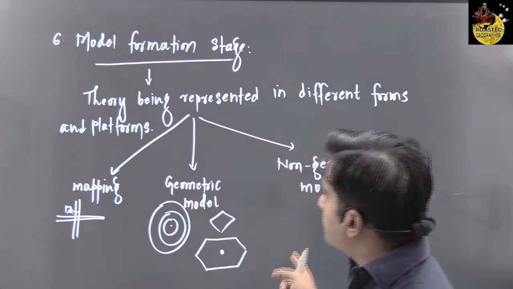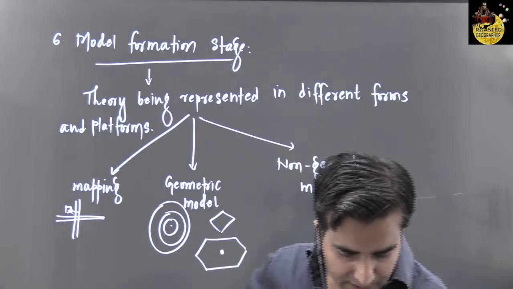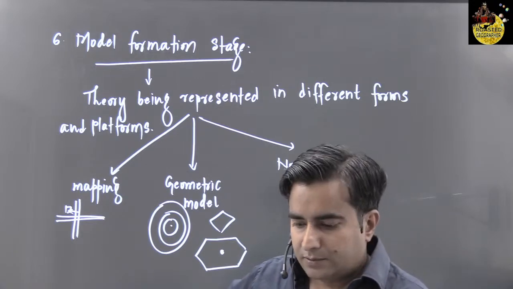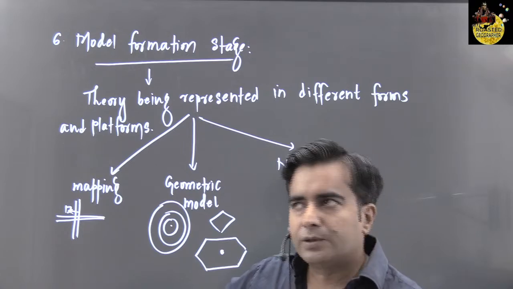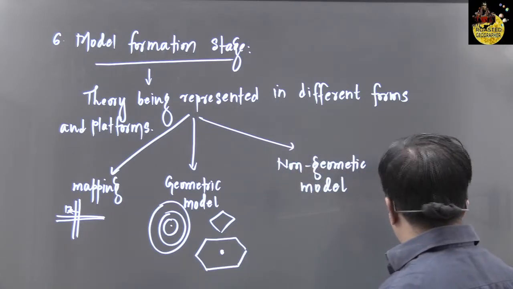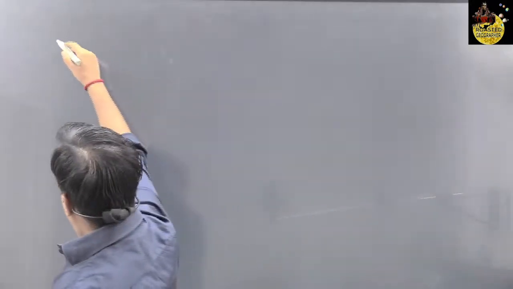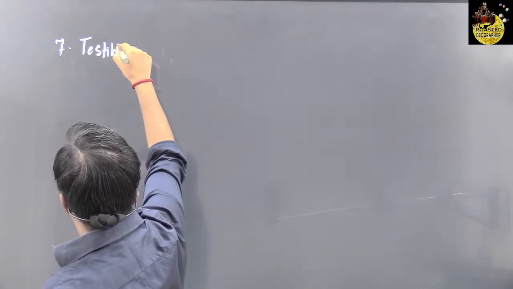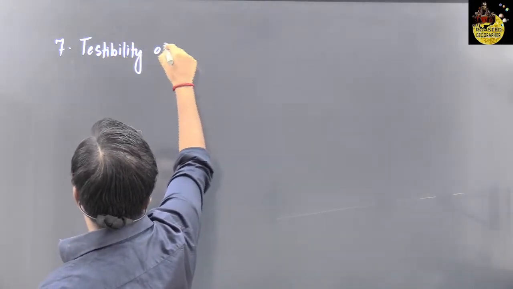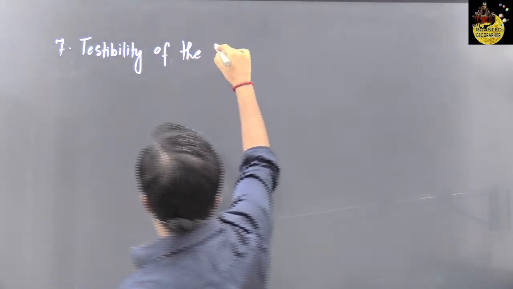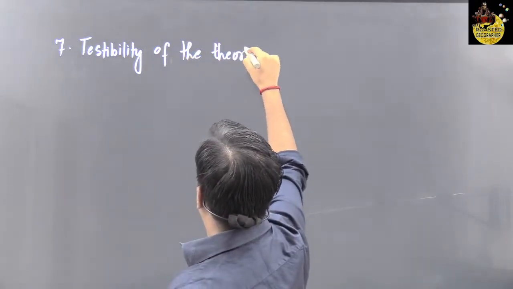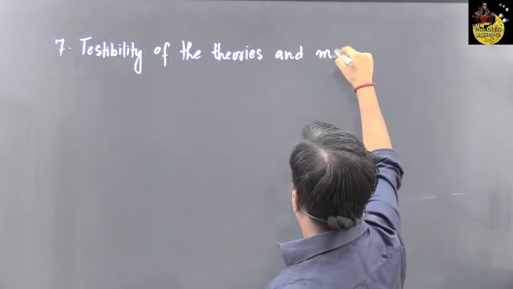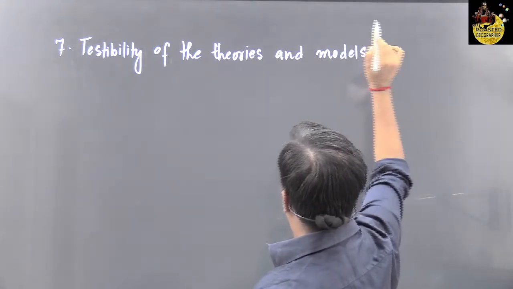So after this stage, what are you going to do? Yes Dheeraj beta, so that is the thing. Testability of the theories and models is the last stage. It is simple.